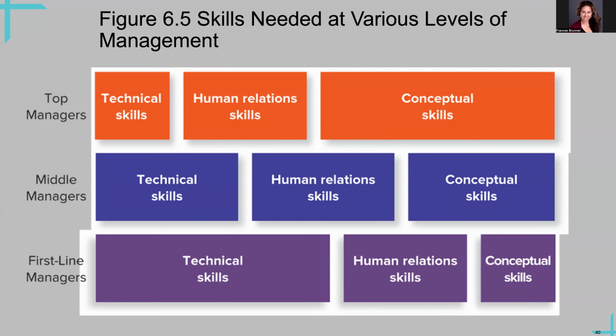Middle managers tend to have a balance between the three, and first line managers have an abundance of technical skills because they're working directly with the people that are getting the work done. Since they are also managers, they equally need human relations skills and also need to understand to some degree the bigger picture and how the work ties in to the overall strategy of the company.